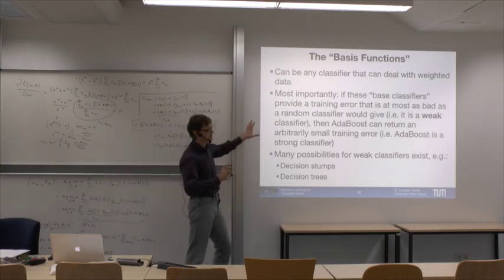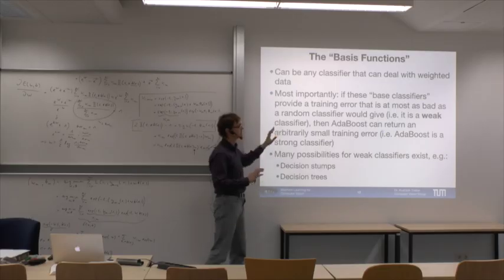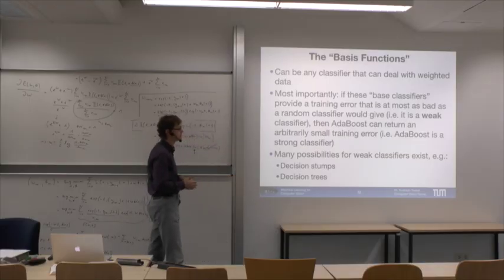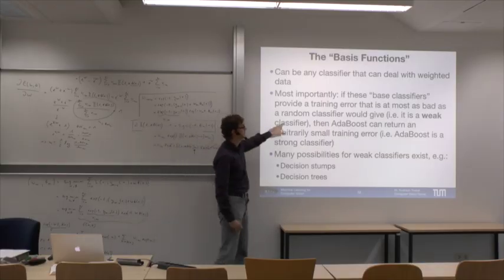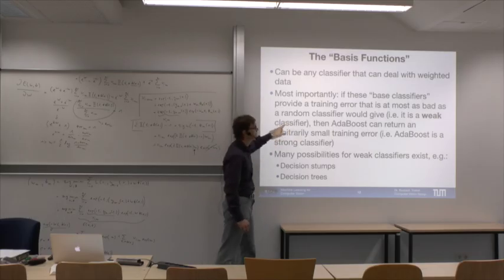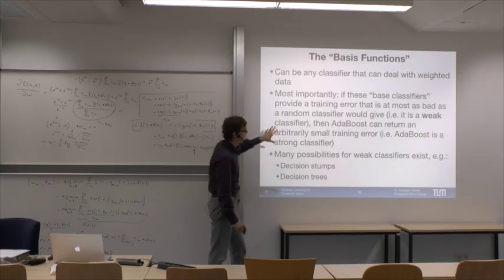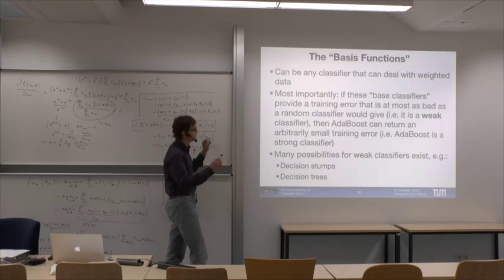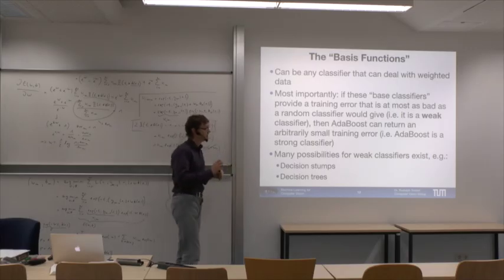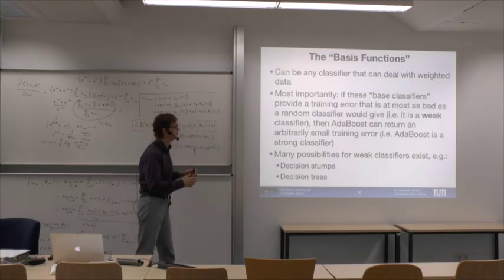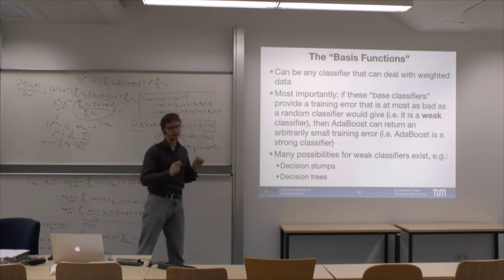This is one theorem related to boosting. This is called a proper weak classifier, right? A proper weak classifier provides a training error that is not worse, or at most as bad, as a random classifier would be.